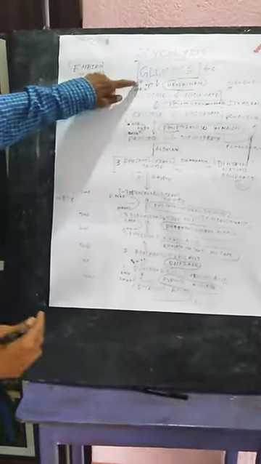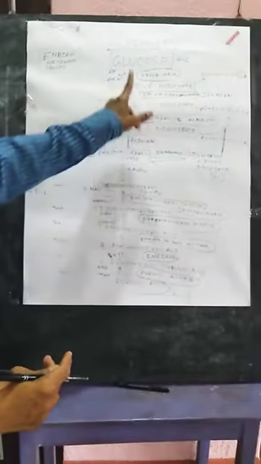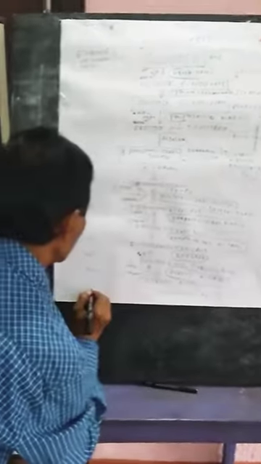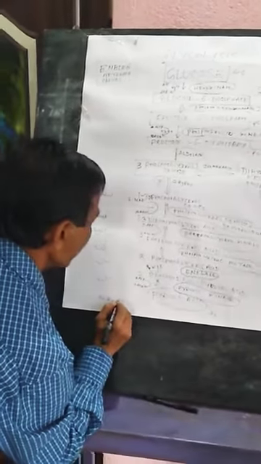So 6C gives 2 molecules of 3C. So 1 ATP, 2 ATP, here 2 to 4 and 2. So net gain 4 minus 2, that is 2 ATP.